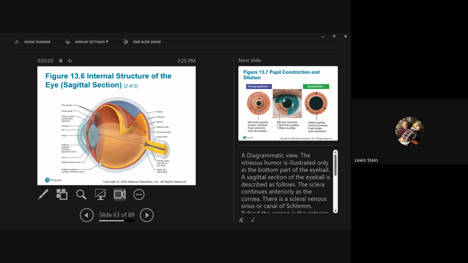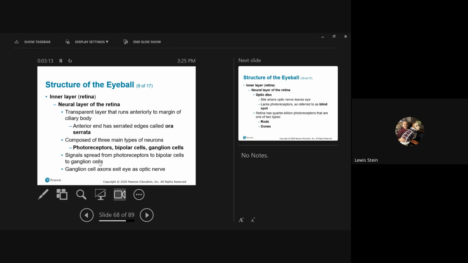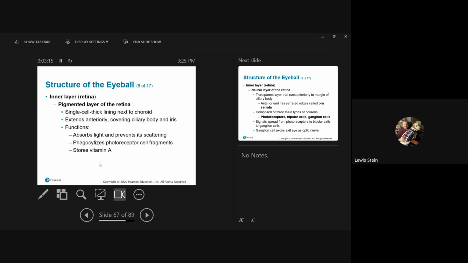So it extends rather generously anteriorly in that projection. It covers the ciliary body, all the way to the iris. Remember, that's the pigmented area of your eye. It absorbs the light and prevents scattering.